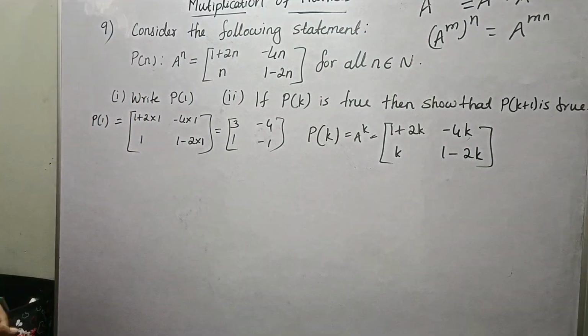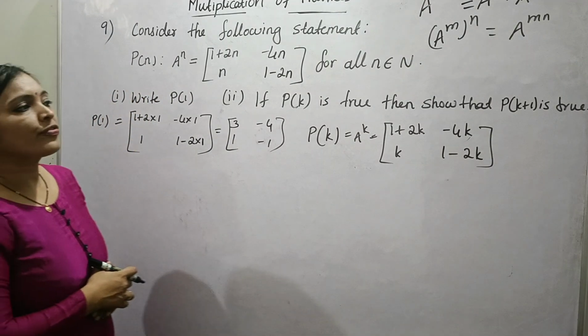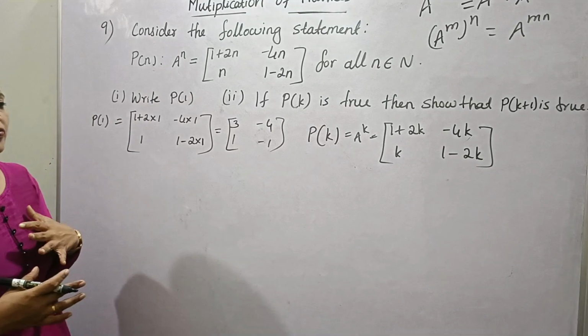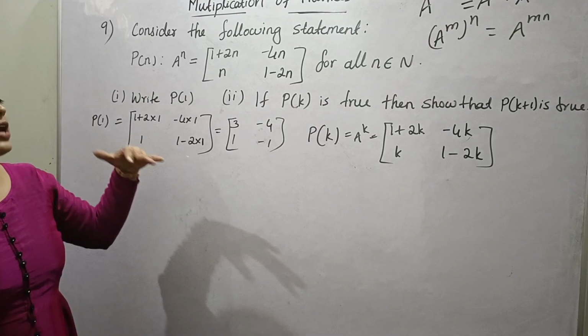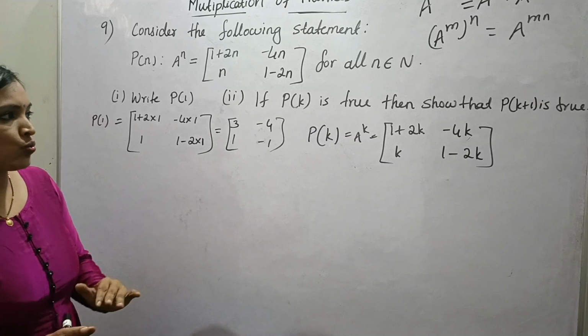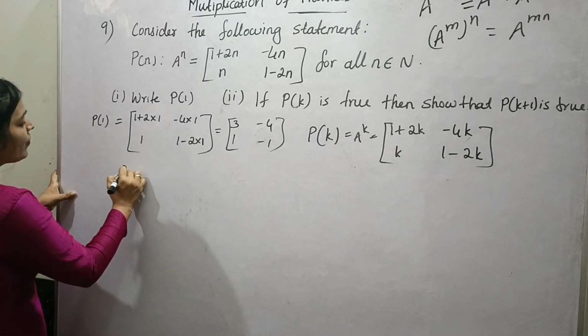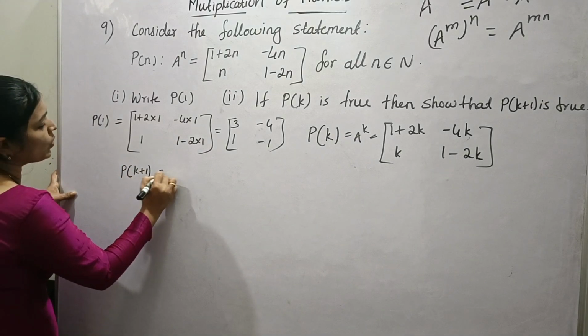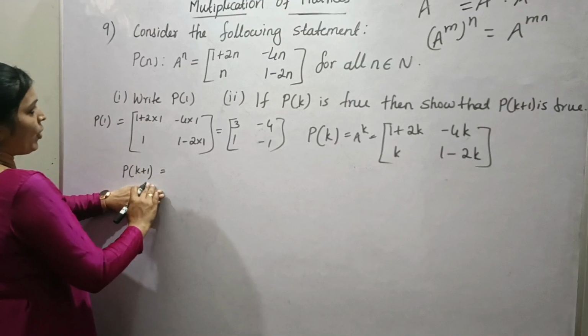Then next we have to find P of k plus 1. To show P of k plus 1 is true, we have to find P of k plus 1.